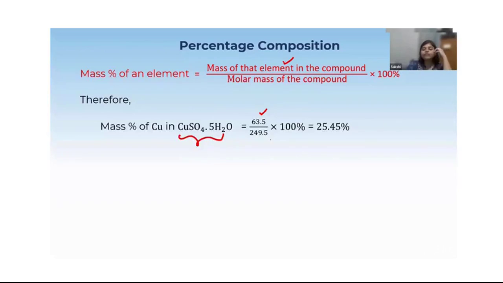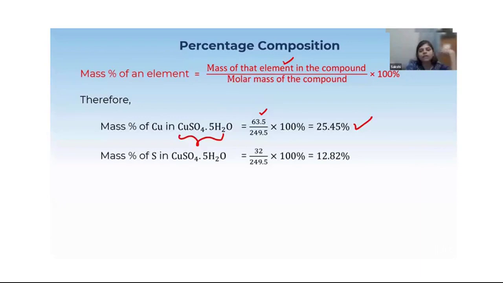Then obviously, since we are calculating the percentage, we multiply by 100, so you get 25.45%, right? Next, if I want to find out the mass percentage of only sulfur, I will take the mass of sulfur, that is 32, divided by the total mass of the compound, 249.5, and obviously I multiply it with 100, right?